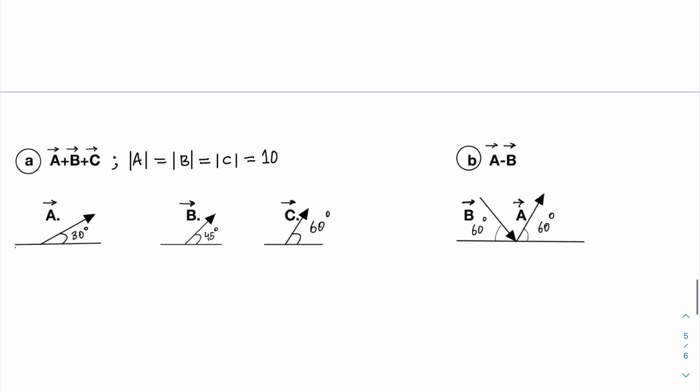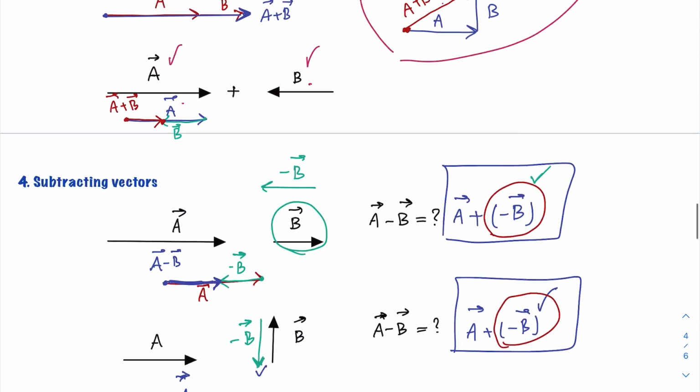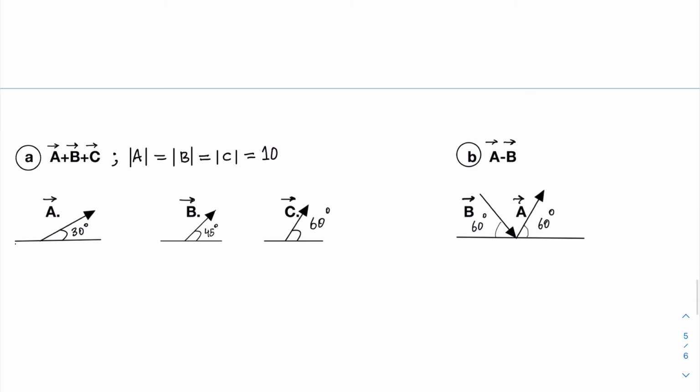Okay, so next question is about mixing these two properties that we have learned, addition and vector components. So what if we have some vectors which are not along the x or y axis, meaning they have got angles and we are supposed to add them up?